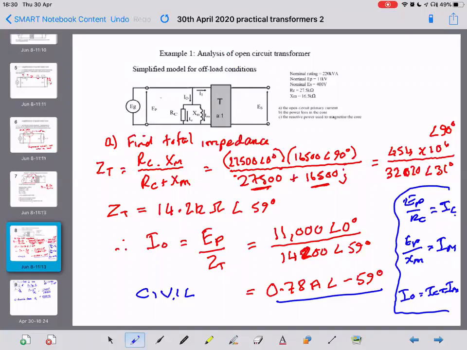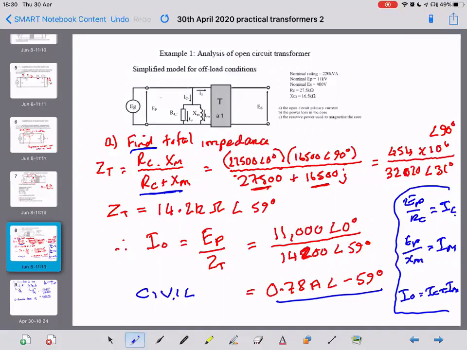Okay, so talking through this for the video, we've tackled this problem by finding the total impedance first, using product over sum. So that's RC times XM divided by RC plus XM.